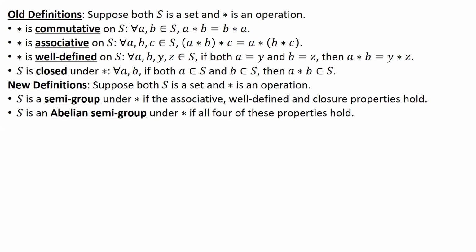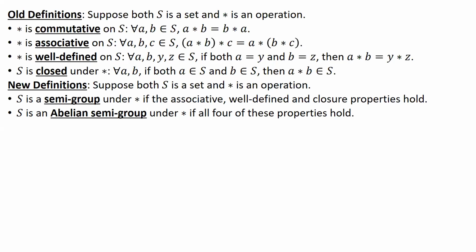So if we have the associative, well-defined, and closed properties, but not the commutative property, then we would say we had a non-abelian semigroup. Okay. Generally, when we are analyzing operations, we can't assume any property about an operation unless we have either proven it or it is given to us.